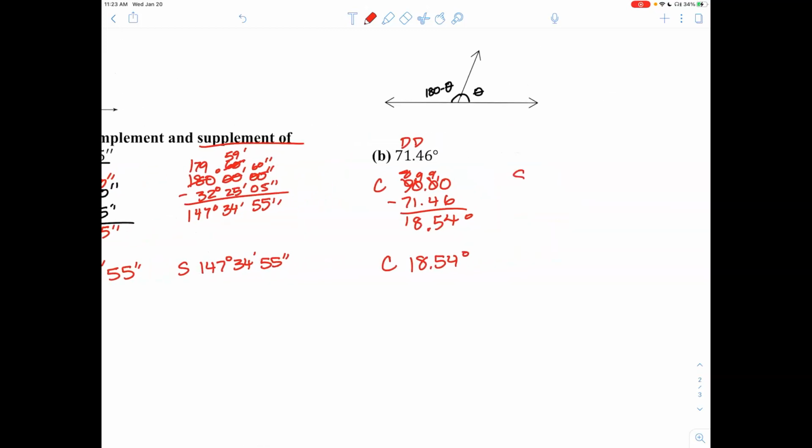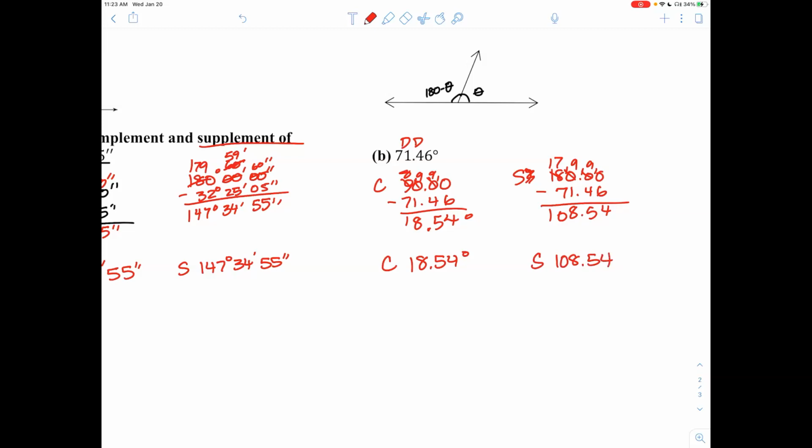Now, when you go to do your supplement, you're doing 180 minus 71.46 degrees. Honestly, I would do this with a calculator, but just for fun: 4, 5, 8, 0, 1. So the supplement is 108.54.